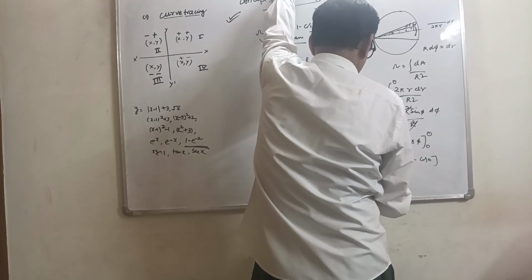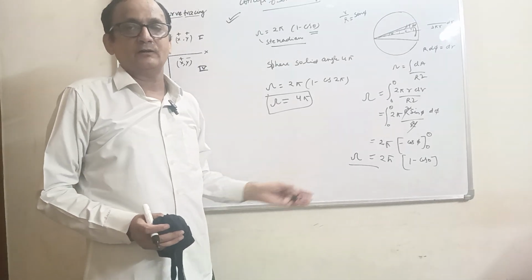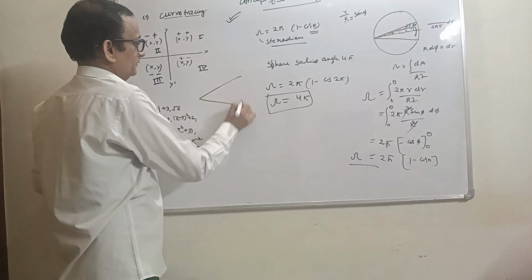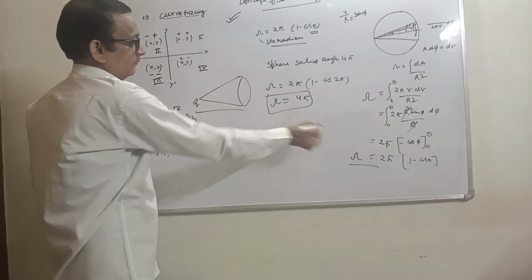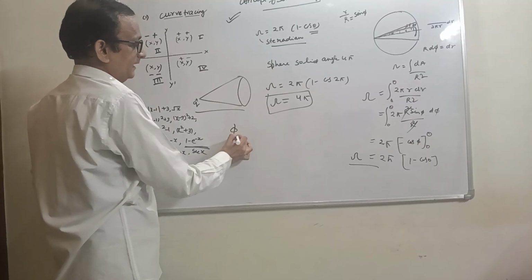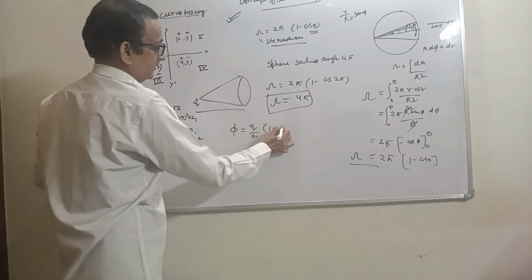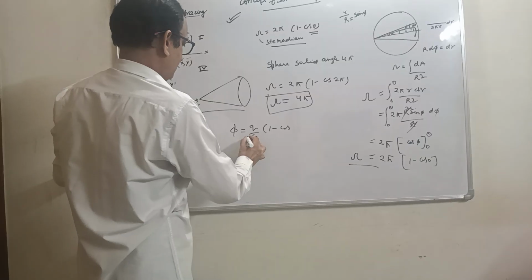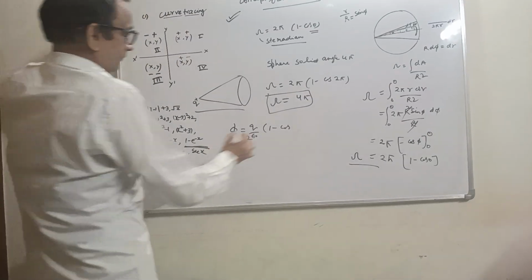This is the solid angle, and by the use of solid angle we can easily calculate the flux when this is a cone and the charge is placed at the vertex of the cone. By using the formula we get the flux q by epsilon naught, q by 2 epsilon naught (1 minus cos theta).